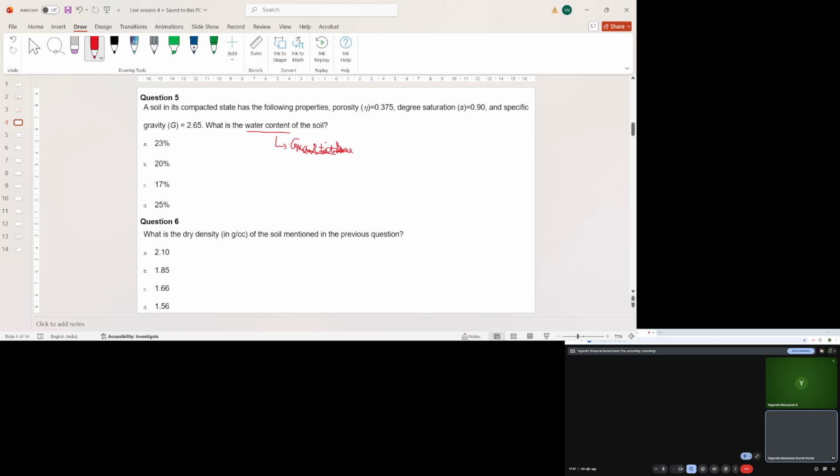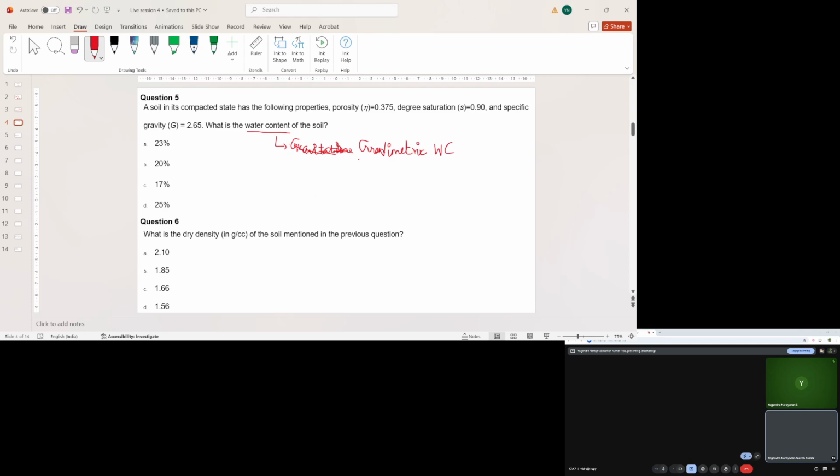You will learn this term in the coming lectures in the 3 to 4 weeks. So it is gravimetric water content.